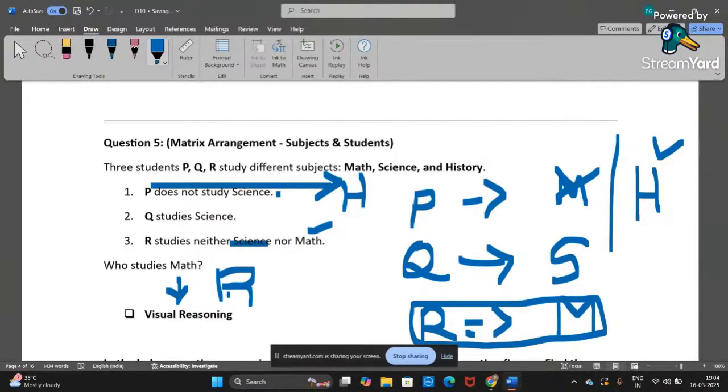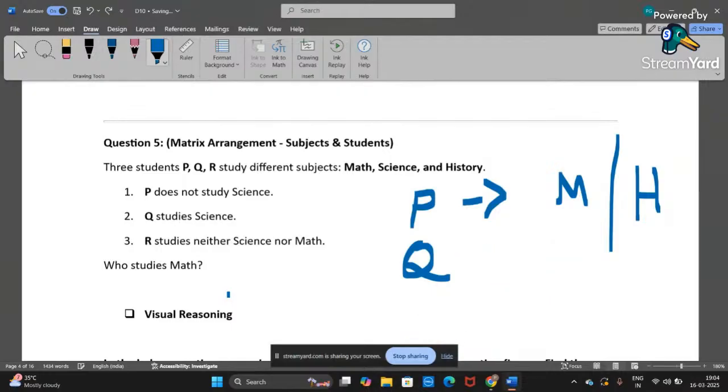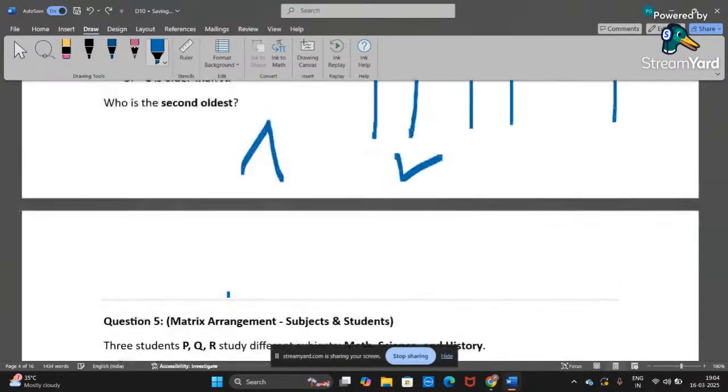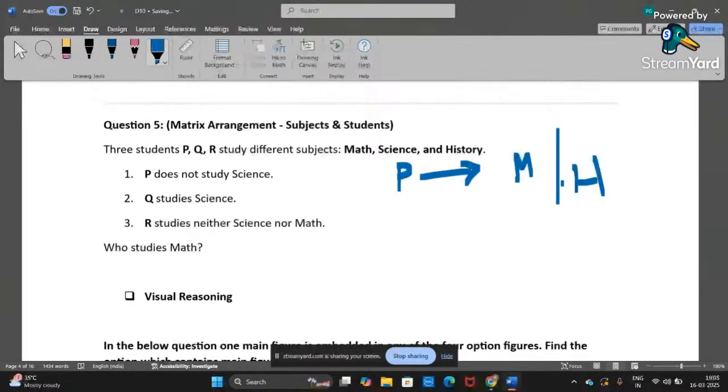I'll repeat this answer once again. Three students P, Q, R study different subjects: math, science, and history. P does not study science, which means the left out subjects are maths and history. In these two, he will study any one, right?